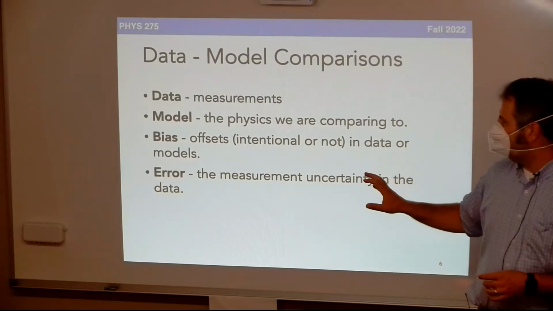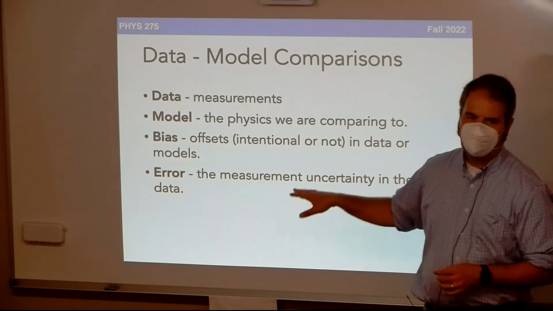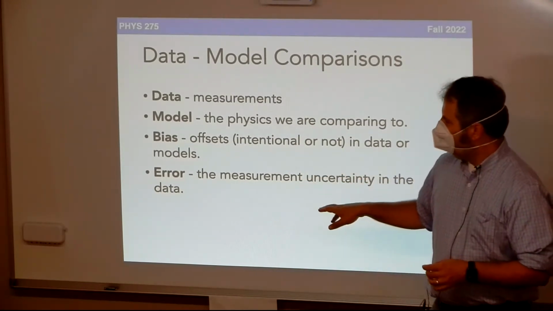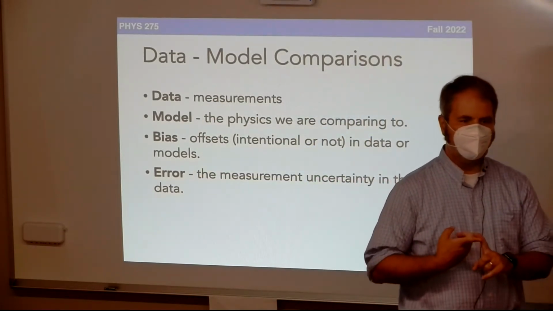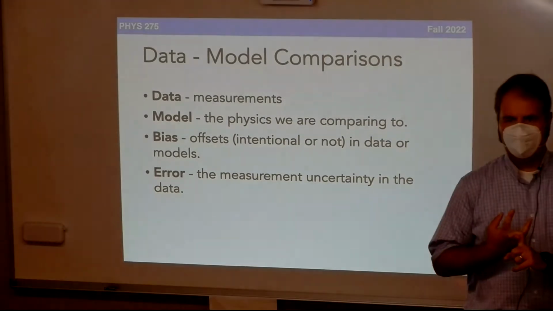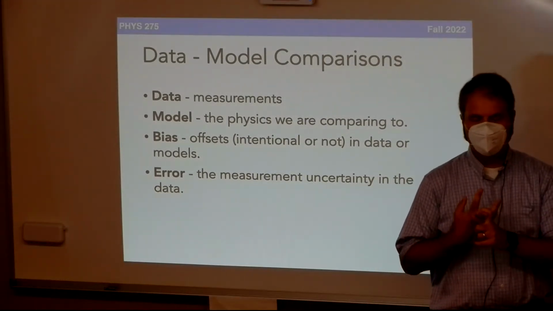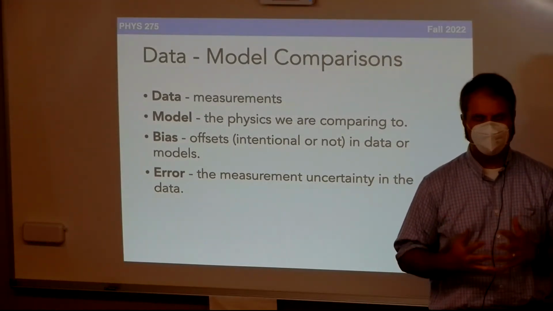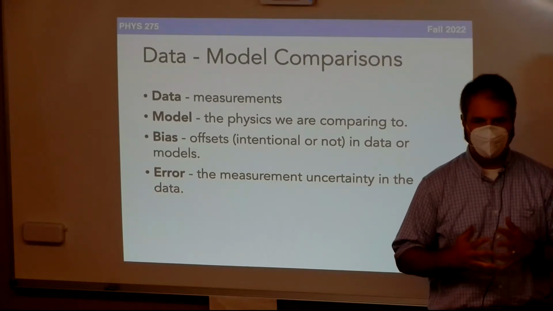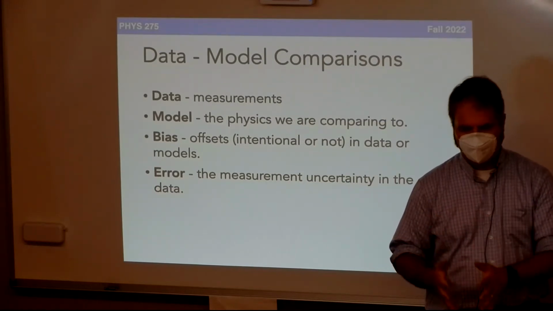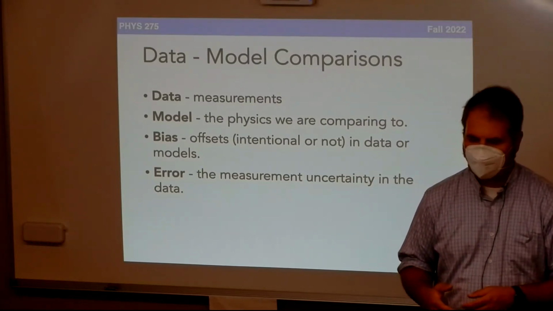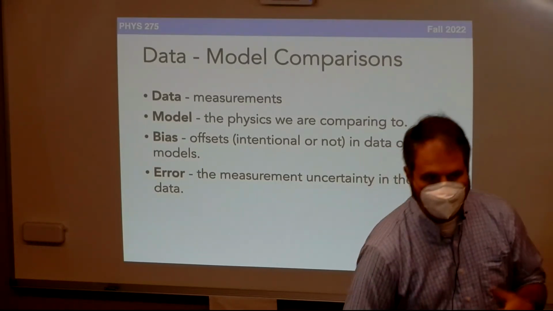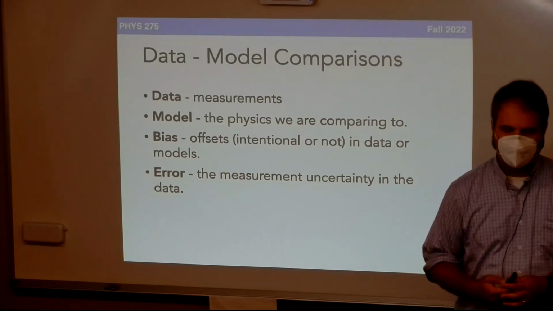And then we have error, the measurement uncertainty in the data. If you think your data doesn't have error, you've either been lied to, or your instrument looks great but probably has uncertainty somewhere. If your data does not come with uncertainty estimates, you'll have to do it for them, or you'll have to figure out what they are intrinsically. So that's a lot of stuff that we try to work with.